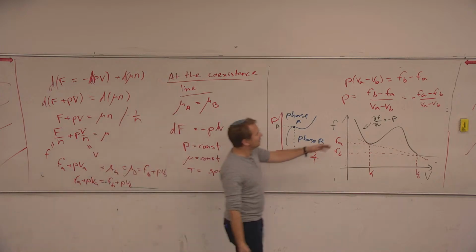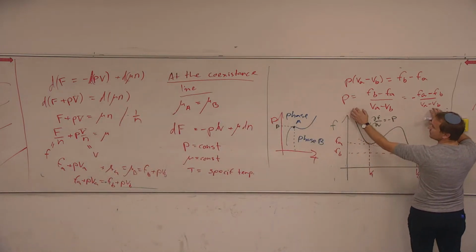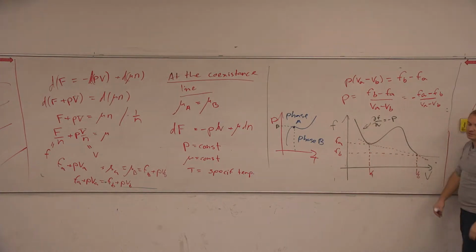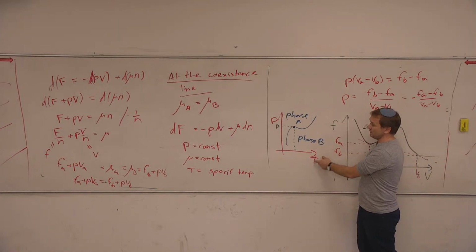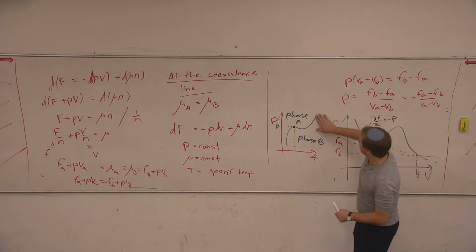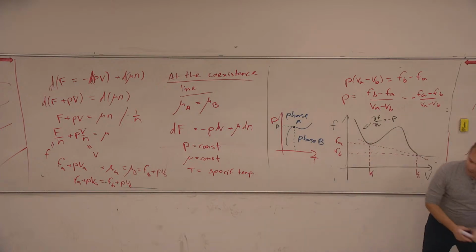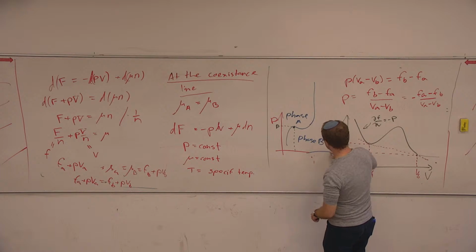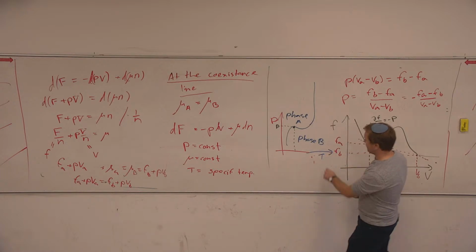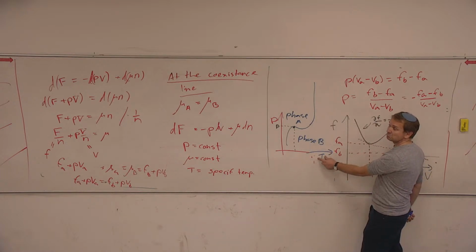Sometimes this equality cannot be satisfied. Then what do I say? That I don't have a phase transition at the specific T. Think about it. If my phase coexistence line diverges over here, for this T, there is no phase transition.